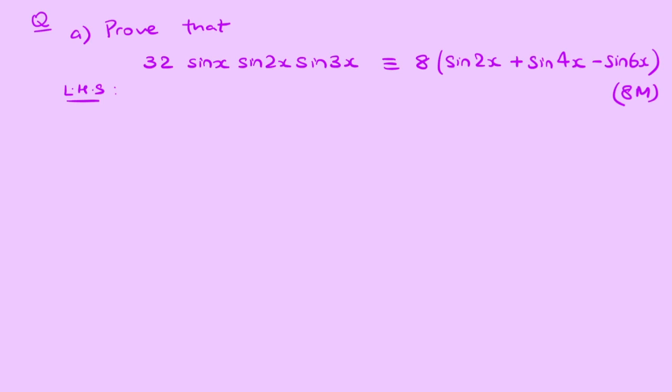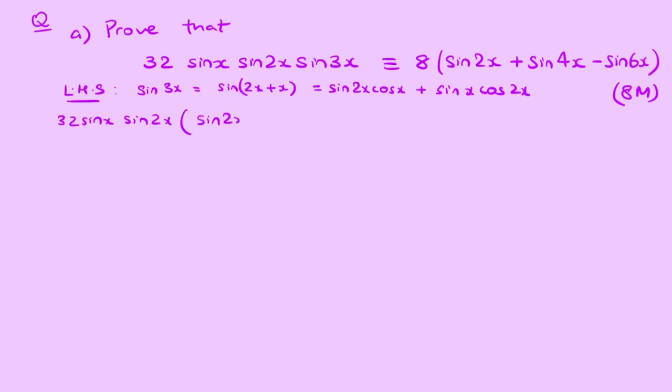So let's start with the addition formula for sin 3x. Sin 3x can be written as sin of (2x + x), and for that, it is just sin 2x cos x + sin x cos 2x. So I'm going to introduce that into my left-hand side. I'll keep the rest as it is, so 32 sin x sin 2x.